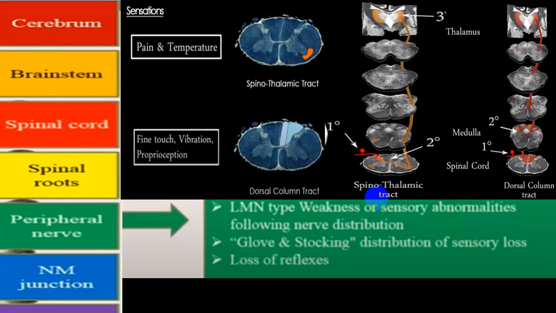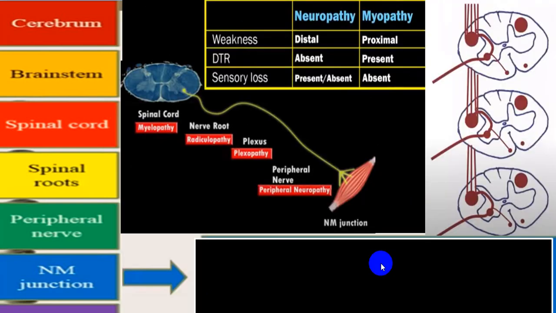In peripheral nerve damage, it will always be a lower motor neuron type of motor and sensory abnormality, with complete sensory loss. If it is bilateral, then glove and stocking type of lesions, and you will have a loss of reflexes depending upon which peripheral nerves are involved.